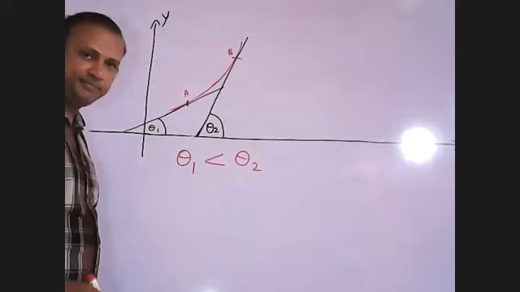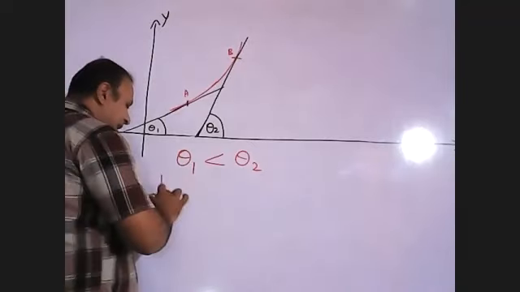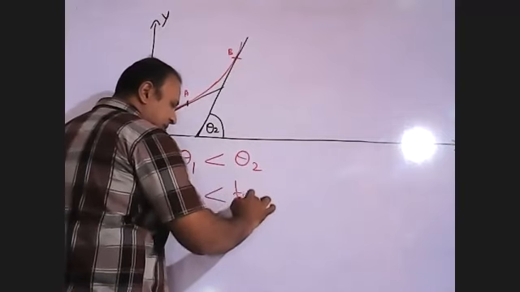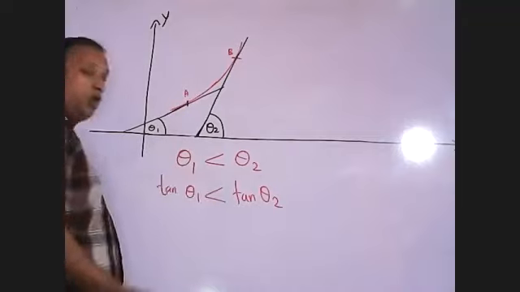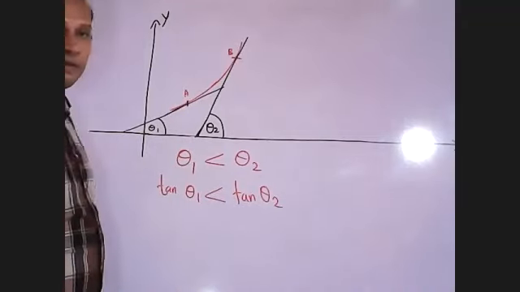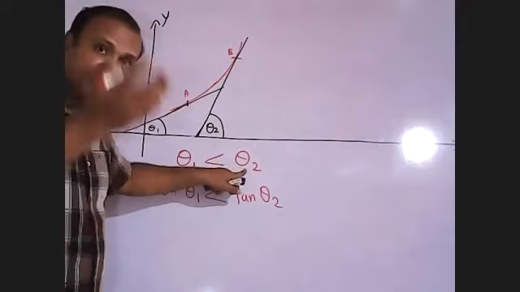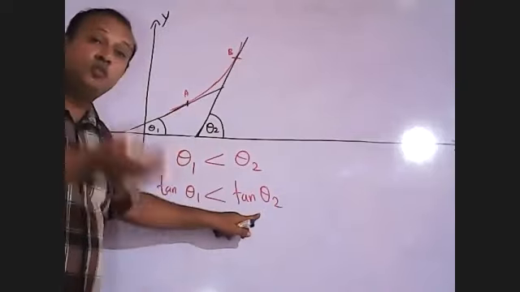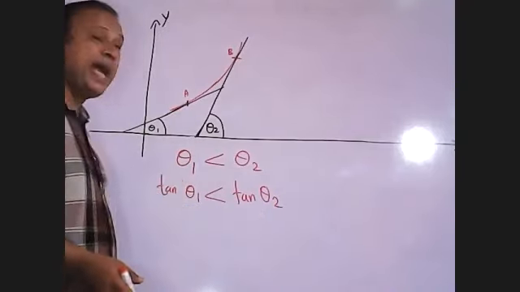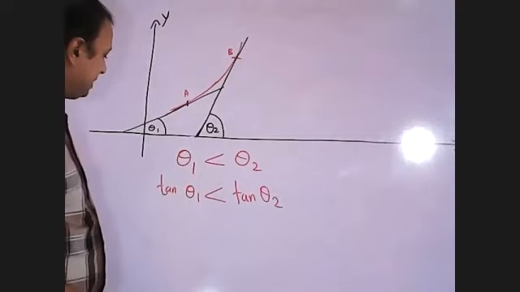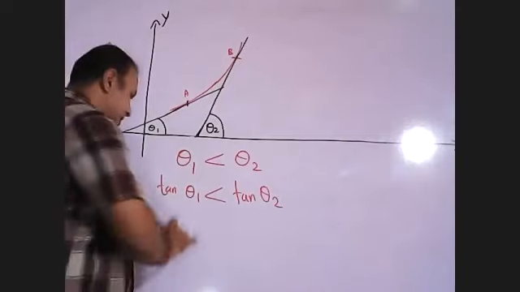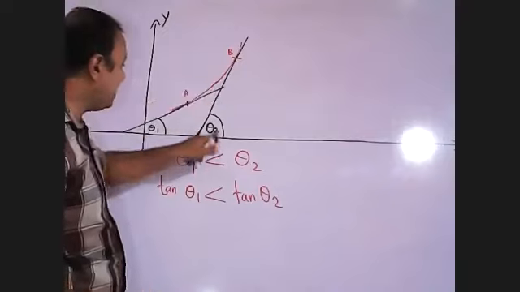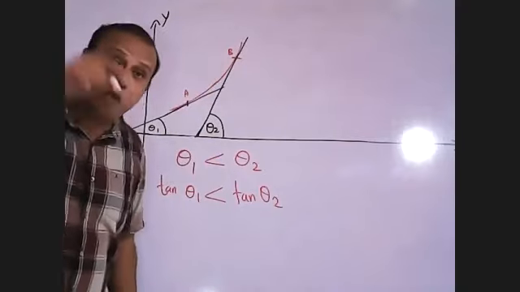That means tan theta 1 should be lesser than tan theta 2, because theta 2 is a higher value, so tan theta 2 should be higher than tan theta 1. Tan theta 1 means the gradient at point A, and tan theta 2 means the gradient at point B.